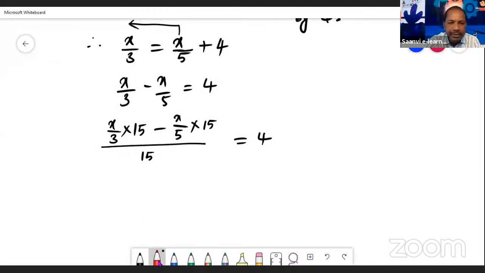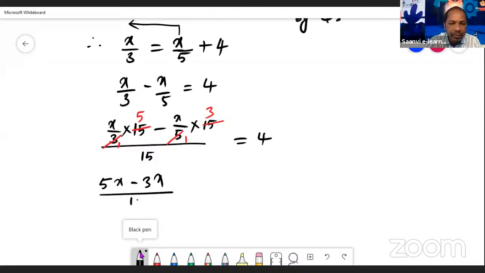So when we simplify that, what do we get here? 3 1s are 3, 3 5s are 15. And here also 5 1s are 5, 5 3s are 15. Right? So now what do we get? Let us see. x into 5, 5x, minus x into 3, 3x, by 15 is equal to 4.